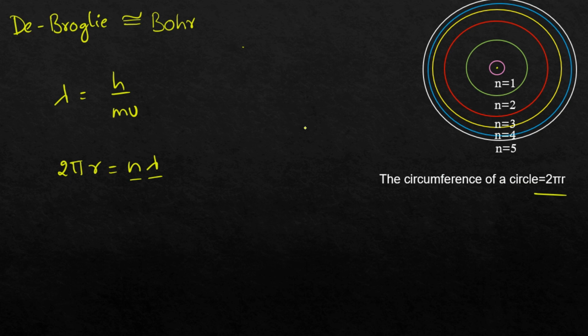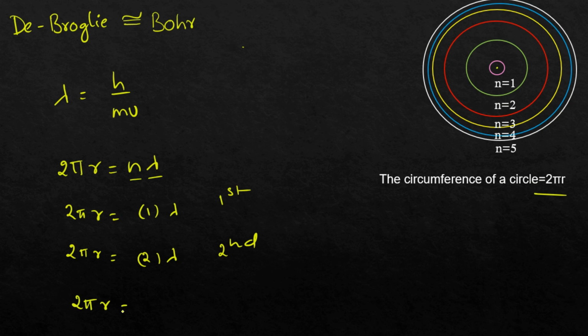For the first orbit, 2 pi r is equal to 1 lambda. For the second orbit, 2 pi r is equal to 2 lambda. This is for the first orbit and this is for the second orbit. For the third orbit, 3 lambda, fourth orbit, 4 lambda, like that. For the seventh orbit, circumference 2 pi r is equal to 7 lambda.